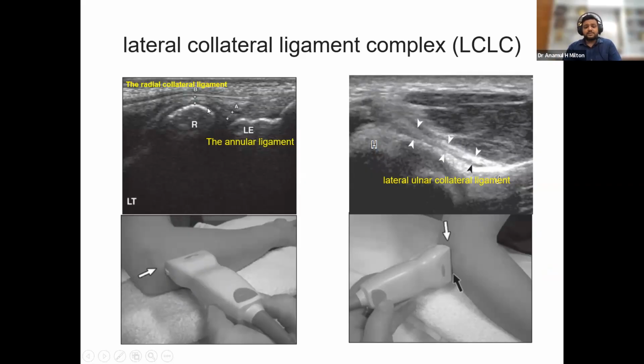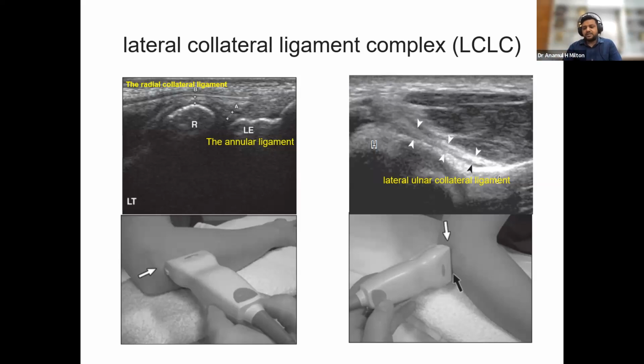First we can see it is almost perpendicular to the surface. We can see this part, that is the radial collateral ligament, and above the head of the radius, that is the annular ligament. The distal part goes downwards to the ulna, where the radial bone vanishes and comes to the ulna.